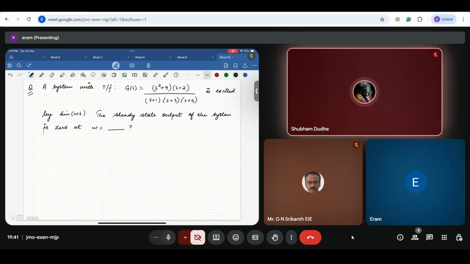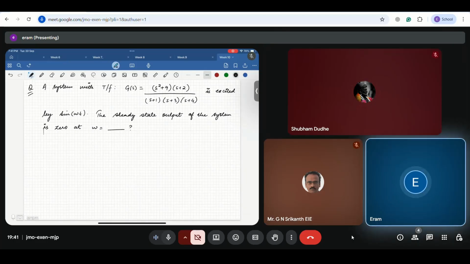How to proceed, ma'am? Okay, so if you remember, if you give a sinusoidal input to the system, how the magnitude of the system is affected? Because in the question we are asked the steady state output of the system is 0.